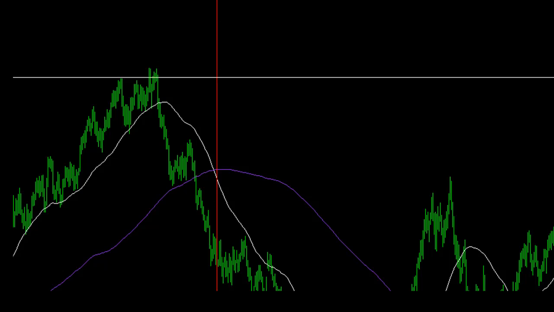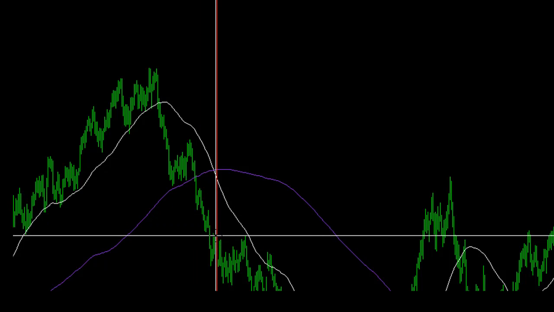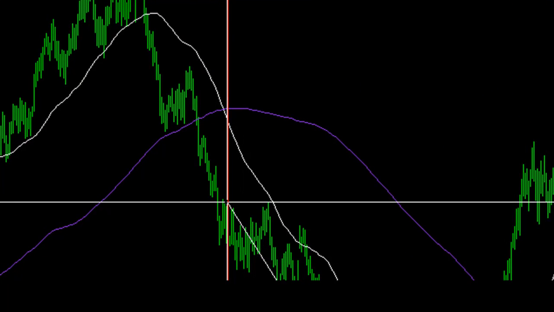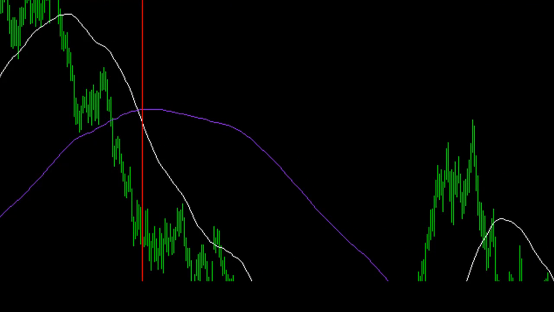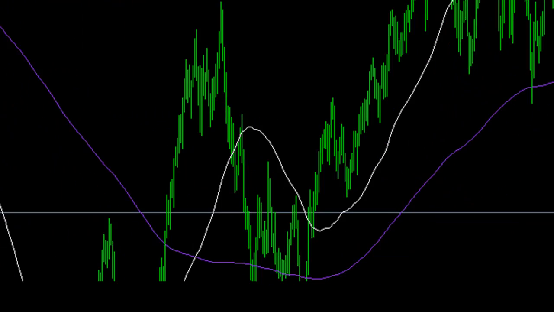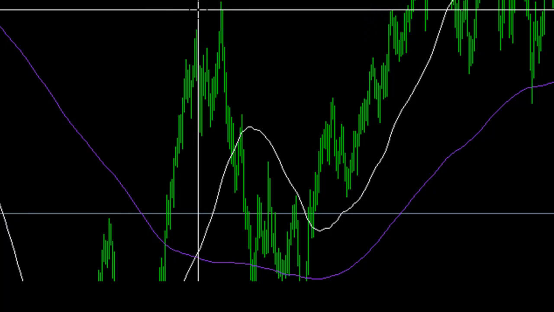Obviously, these long-term moving average crossovers can deliver pretty heavy rewards. I mean, you've got well over 1,000 pips in that move there, and it goes on. In this case here, probably not the best example, but let's run it anyway.